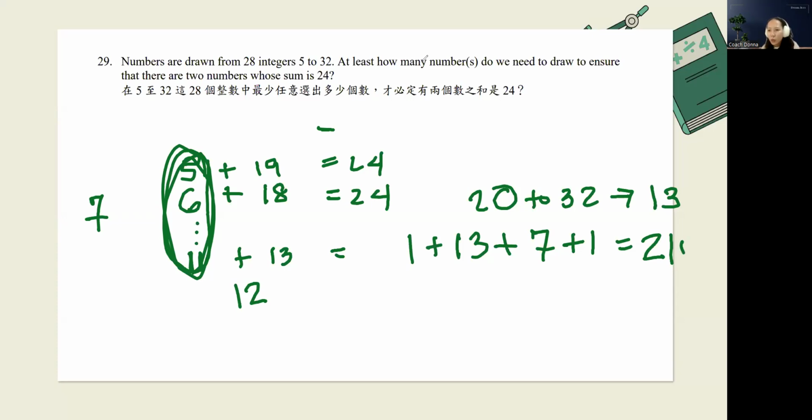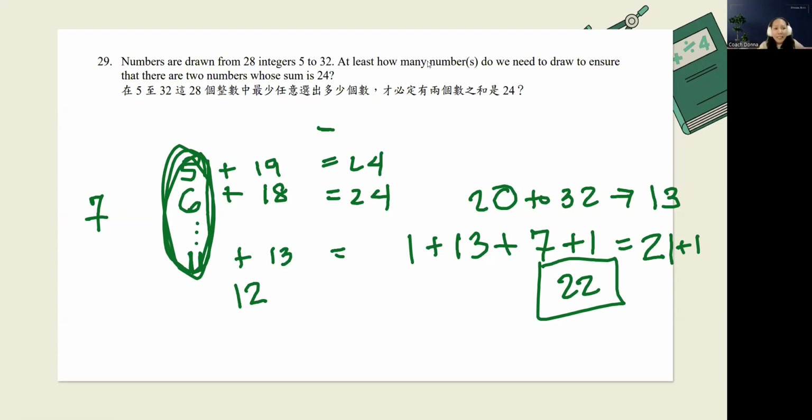So that's a total of 22. There are 22 draws that you need before you can be sure that you will surely get a sum of 24. Okay, so that's it for 29.